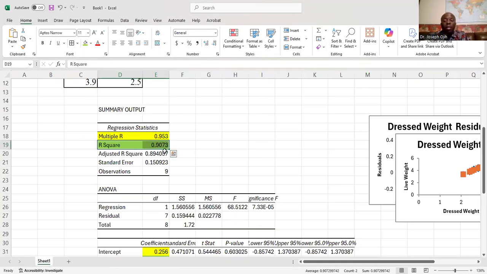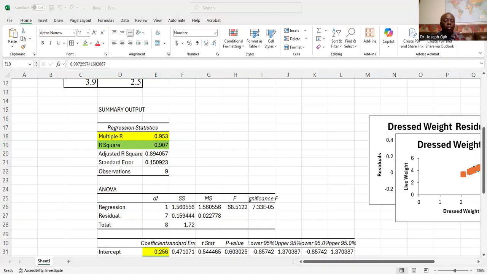Basically, R squared means you square this R. But it's done already for us. So I'm going to create more decimal places again. So 0.907, R squared. Okay. So I've got it. I'm going to copy it. Let's go and put it in our main workbook.